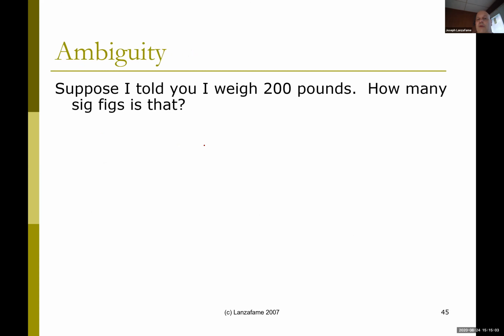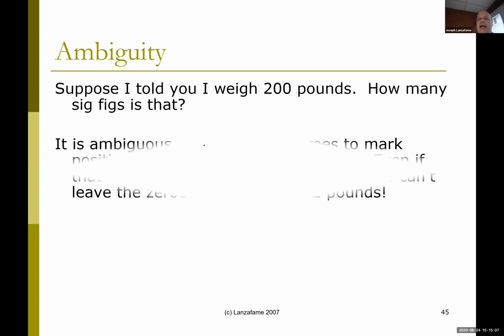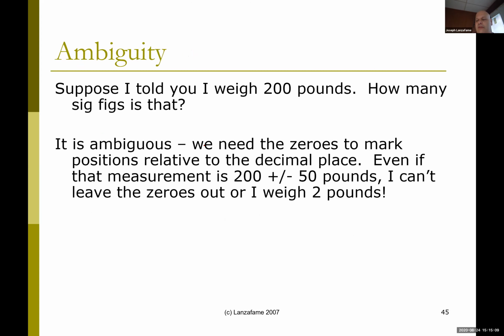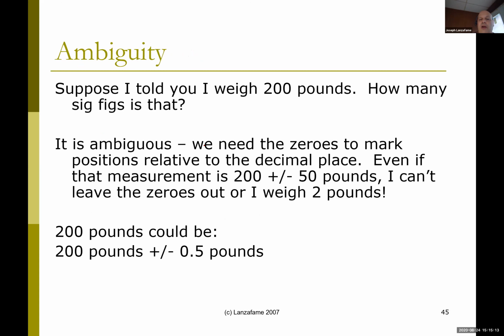For example, if I told you I weighed 200 pounds, I don't know how many sig figs that is, because it could be any one of 3 different things. If I actually measured my weight to the nearest half pound, that's 3 sig figs. I'm 200 plus or minus half a pound. On the other hand, maybe I didn't measure that last 0.